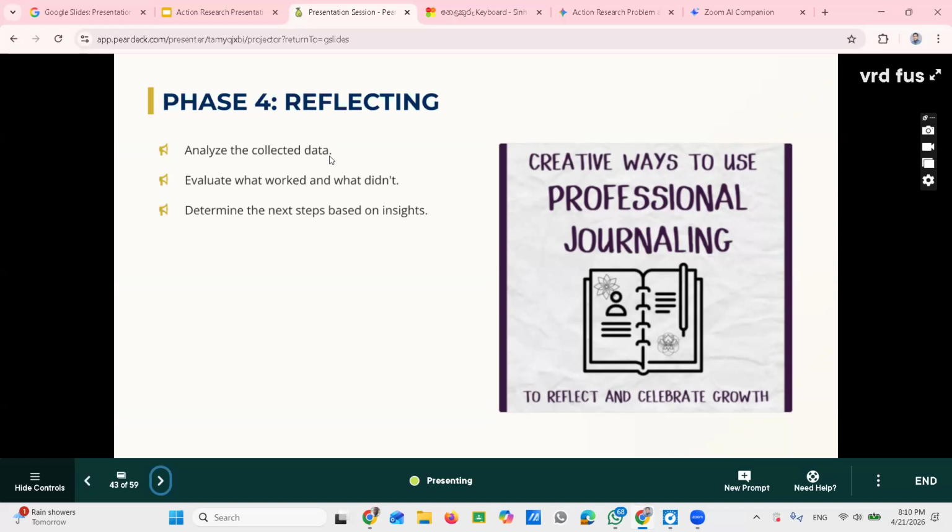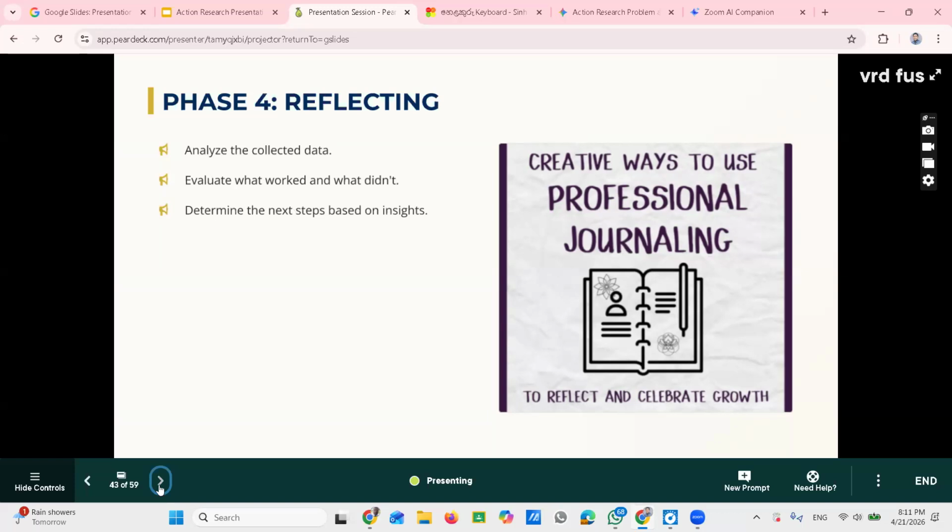But normally, if you do one round, it will not achieve your target. That's normal. You must do a second step also. Under reflecting, you decide what you want to do next, another round or not.